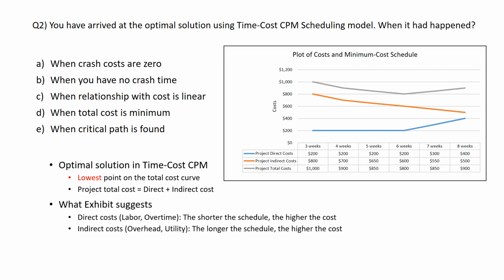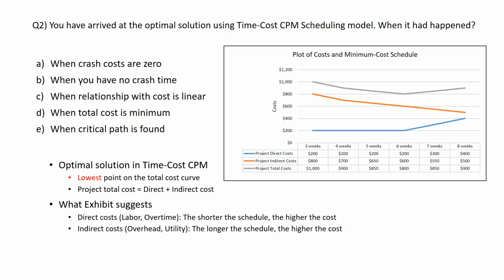And what this exhibit suggests is that direct costs, when it takes shorter amount of time, the cost will be higher. And indirect costs, the longer the schedule, the higher the cost.